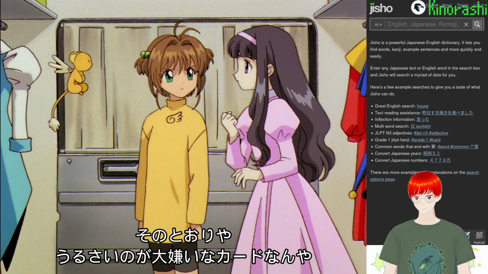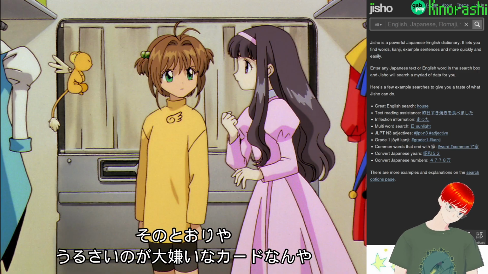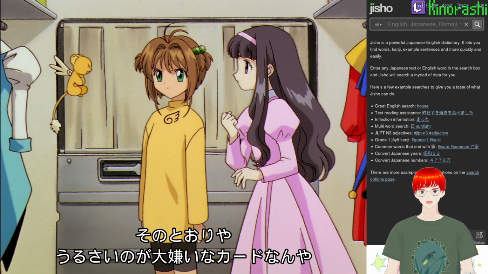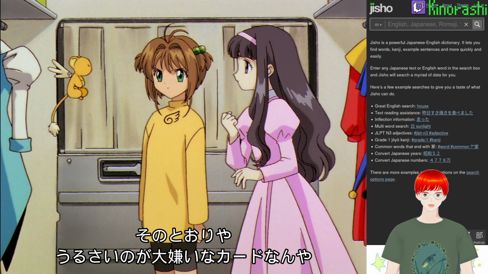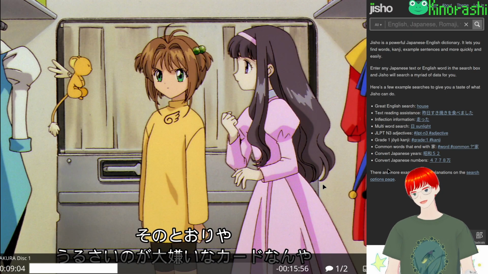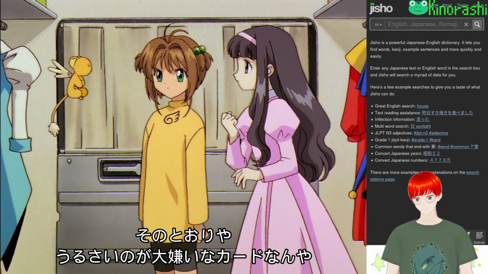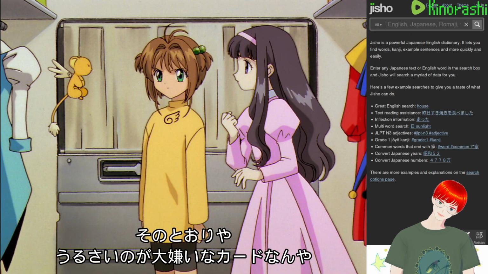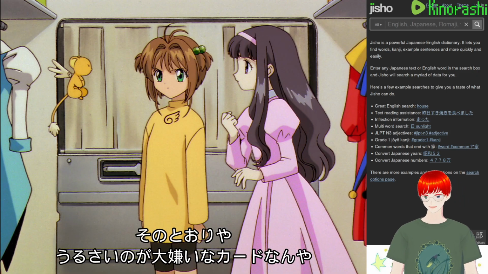So as for noise, let's see, うるさいのが大嫌い. So as for the noise, it's the card's dislike, I guess. In other words, the card doesn't like noise.